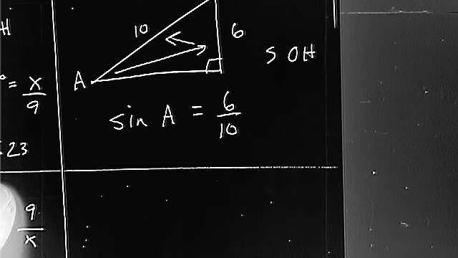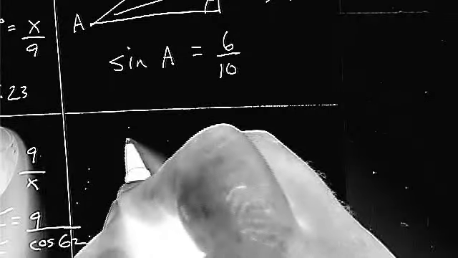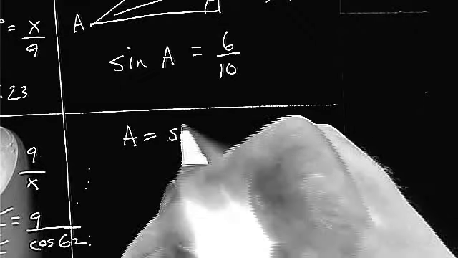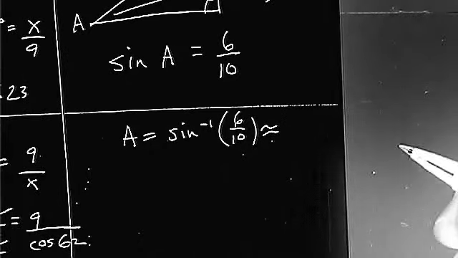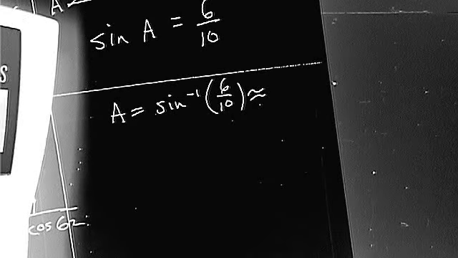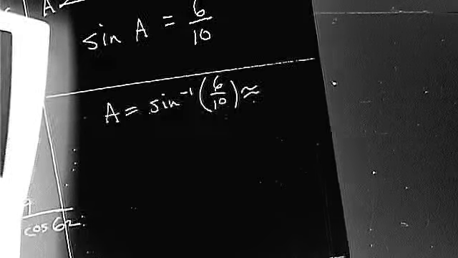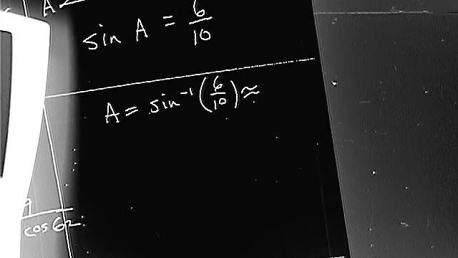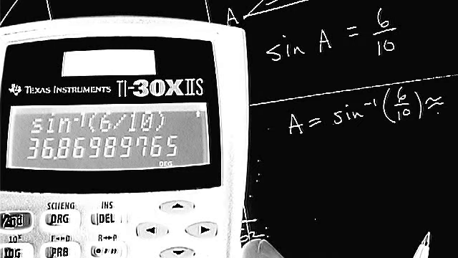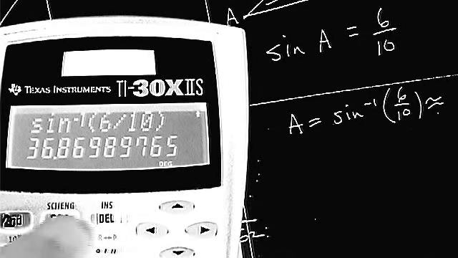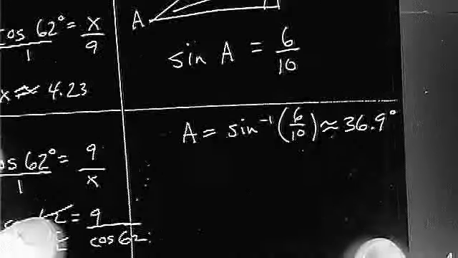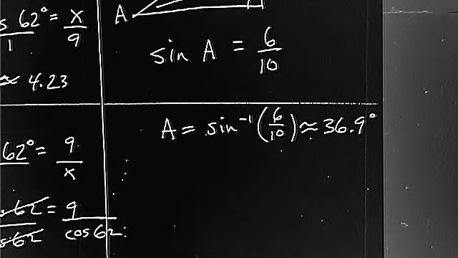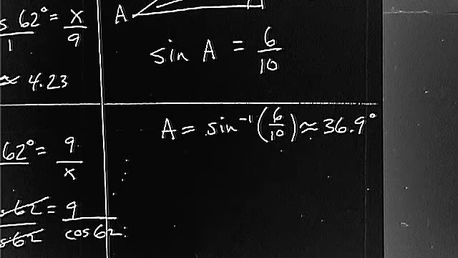Well, okay, in that case, A is equal to sine inverse of 6 over 10. And we can figure out our approximate value by just typing that into our calculator, sine inverse 6 over 10. And that gives me 36.9 degrees. So approximately 36.9 degrees. Not too terribly challenging to find sides or angles.